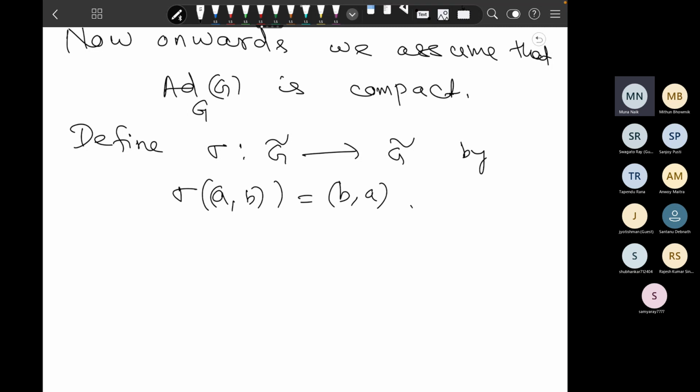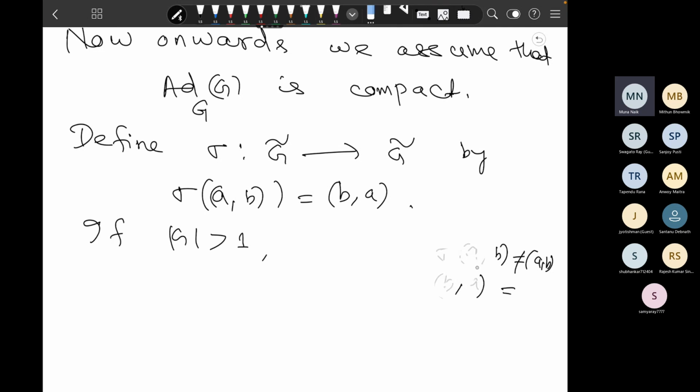Now the thing is, if the cardinality of G is greater than 1, then G will contain at least two elements A and B that are different, and then sigma of (A, B) is clearly not equal to (A, B), because sigma of (A, B) is equal to (B, A), and we have chosen A and B to be different.